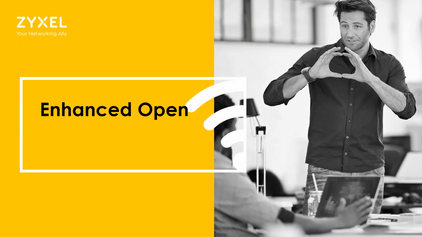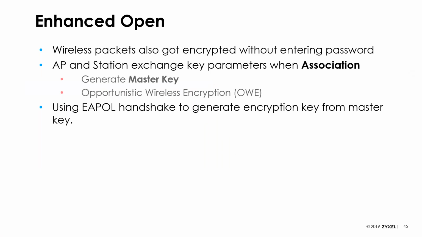Okay, so first let's discuss in more detail what Enhanced Open is and how it actually works. In Enhanced Open, the AP and station negotiate a master key in the association stage, where each device generates a number and exchanges it with the other. The master key is based on these two numbers.